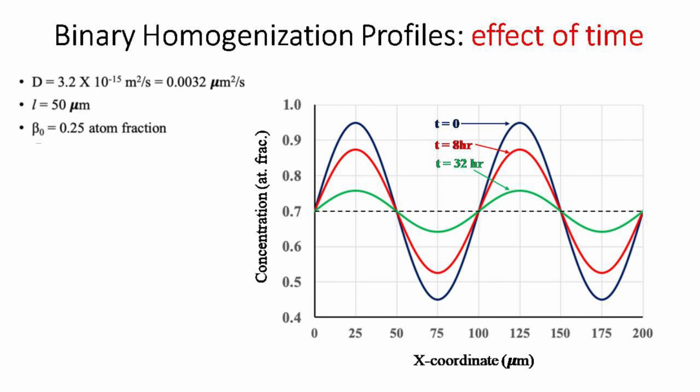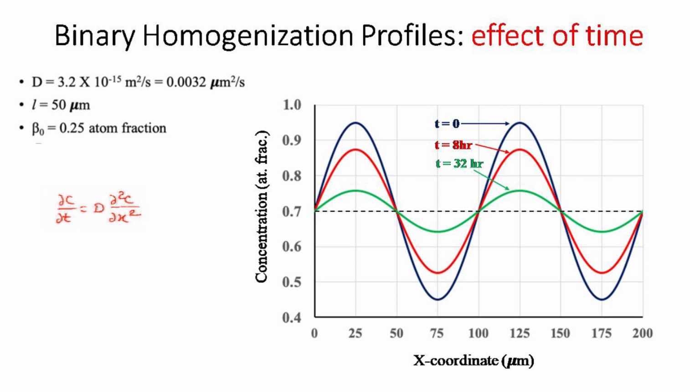If we consider a particular period and look at the two sides of the half of the period, on the left side you will see the curvature of the profile is negative, and for constant diffusion coefficient we know dc/dt equals D times d2c/dx2. If the curvature is negative, it means dc/dt is negative, which means the concentration should drop.